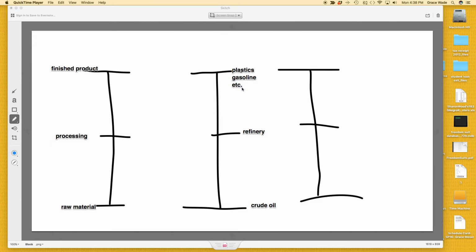So we're talking about Rockefeller and Carnegie and vertical and horizontal integration. What we're talking about is how they gained a monopoly by controlling these stages of production. So in the case of Carnegie and vertical integration, what he did is he had a company that got each of these stages of production, this time in the case of steel.